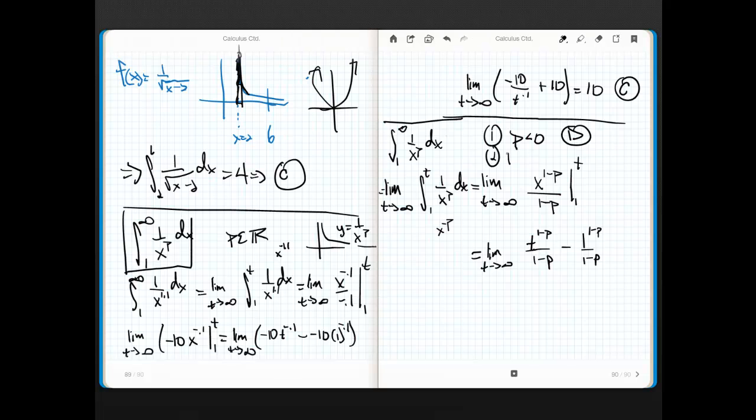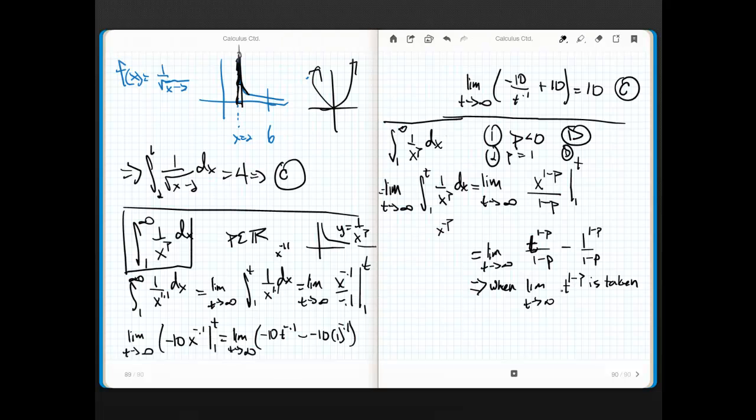So case 2. If p equals 1, we diverge. We already proved that before. Okay, so think about this. How did I get these integrals to converge? Well, when the limit as t goes to infinity of t to the 1 minus p is taken, what has to happen?